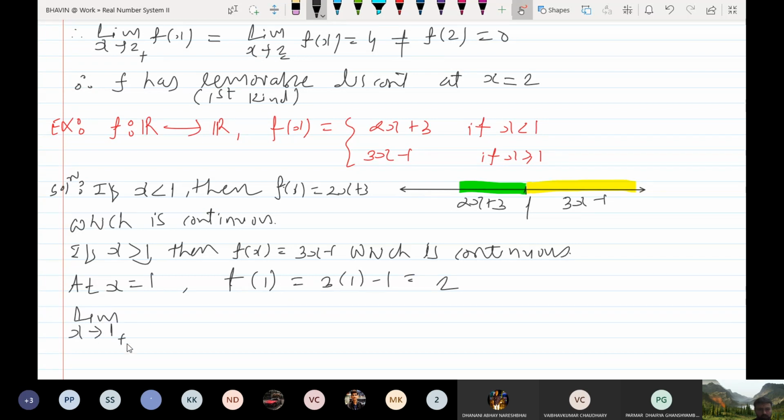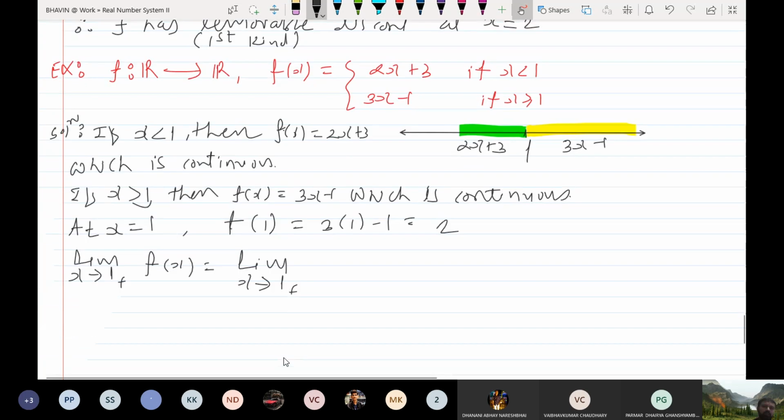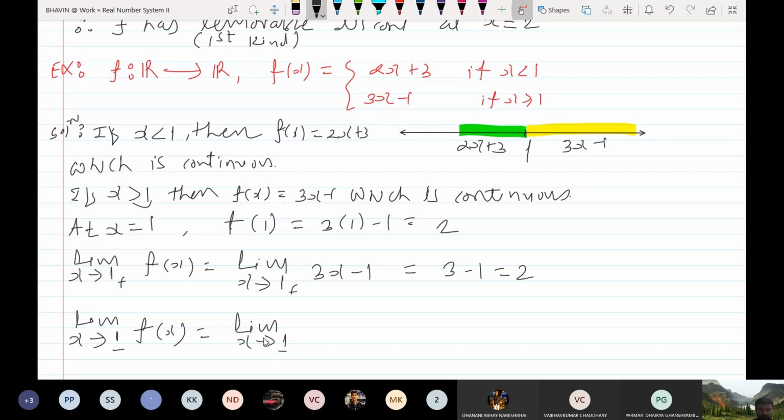x tends to 1 plus, ये देखिए f(x), x टेंड्स टू 1 प्लस, तो x की वैल्यू 1 से बड़ी होती है, तो फंक्शन की वैल्यू क्या है? 3x minus 1, 3 minus 1 that is 2. ये हम राइट लिमिट फाइंड करते हैं। x tends to 1 minus means x less than 1.